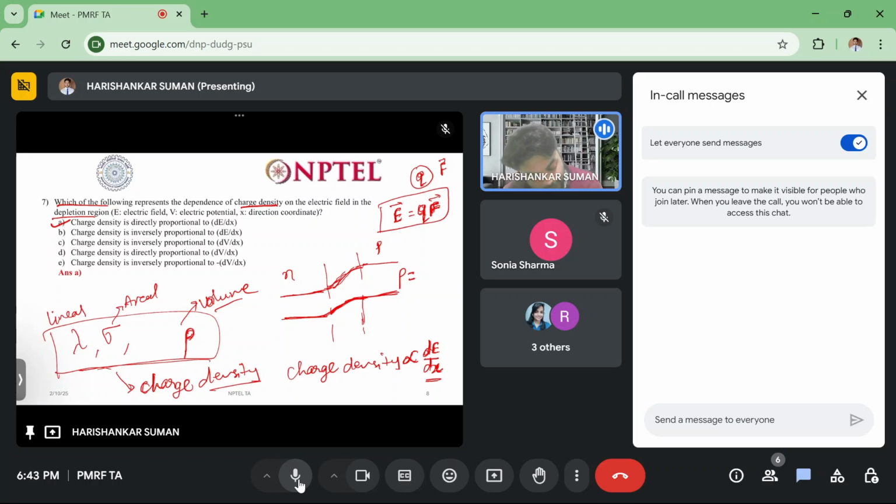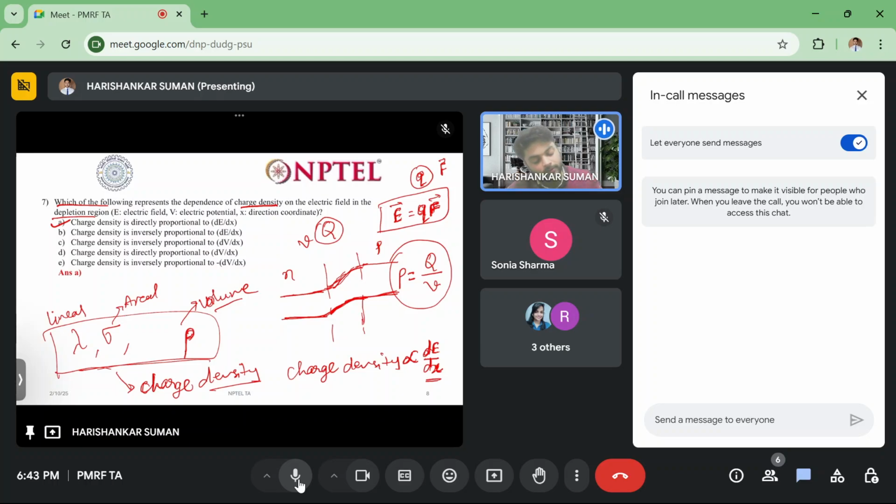Let's say Q charge is present in this volume V. Charge per unit volume is known as charge density.